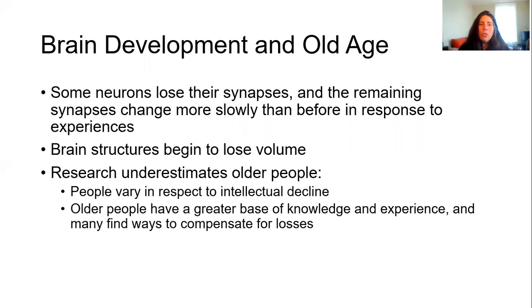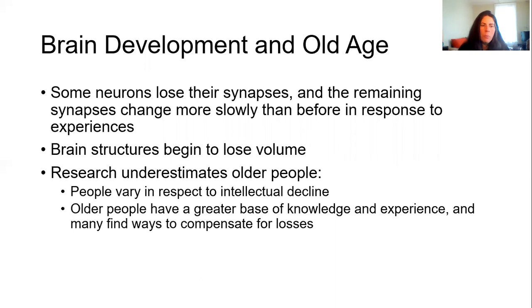In old age, some neurons lose their synapses and the remaining synapses change more slowly than before in response to experiences. Brain structures begin to lose volume, but research underestimates older people. People vary in respect to intellectual decline. Older people have a greater base of knowledge and experience and may find ways to compensate for losses.